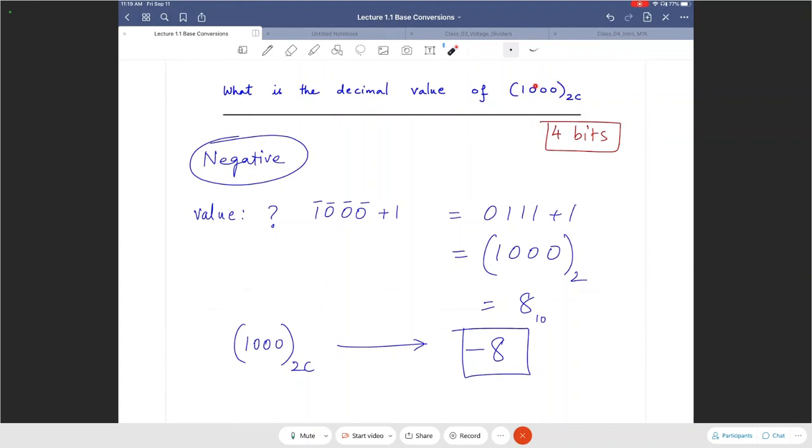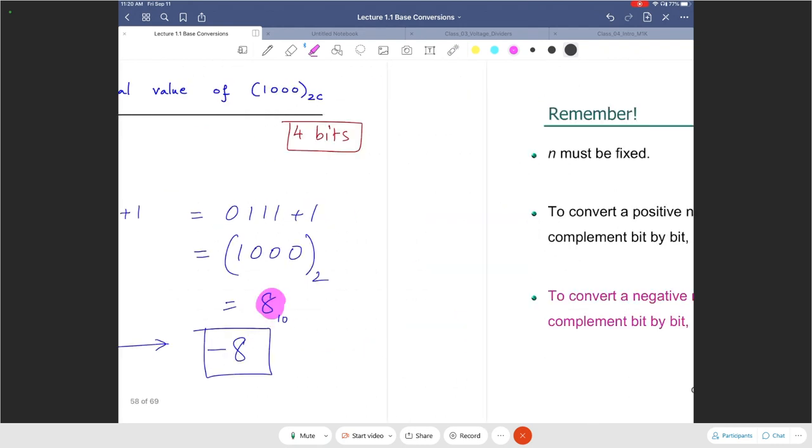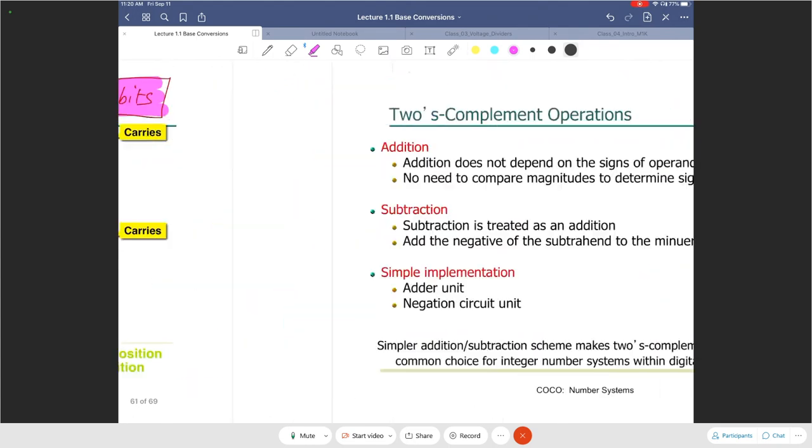I need to find the value. If I want to find the value, I complement all the bits and add 1 to it. When I complement all the bits, I have 1000 complemented to 0111 and I add 1 to it. So that was 7, that was 1, so I got 8. -8. All right, so let's move on here.